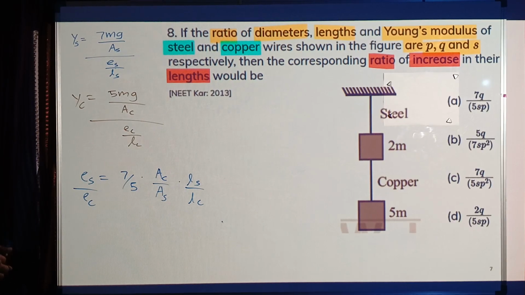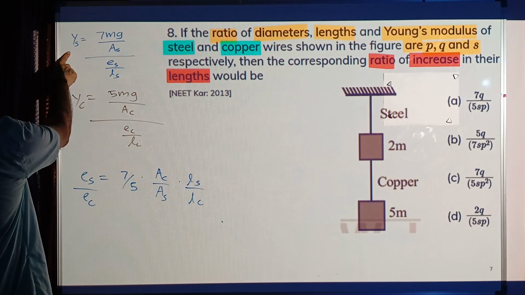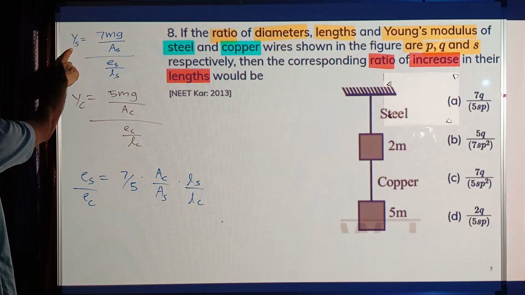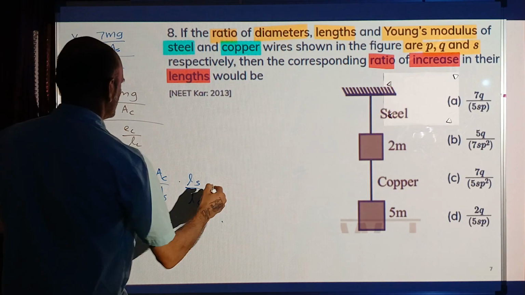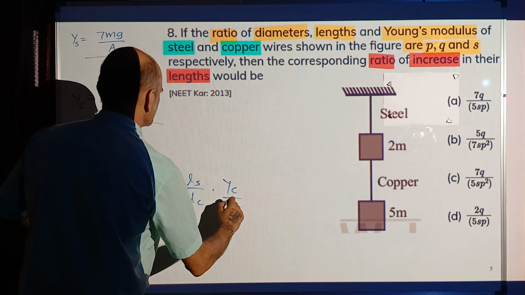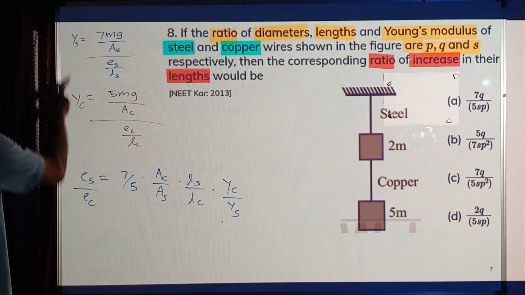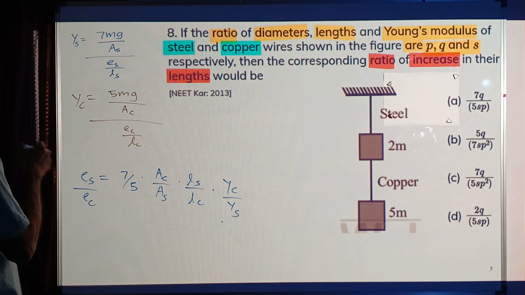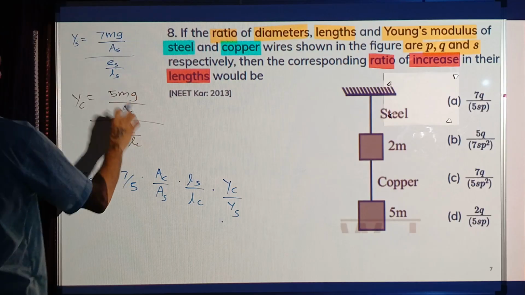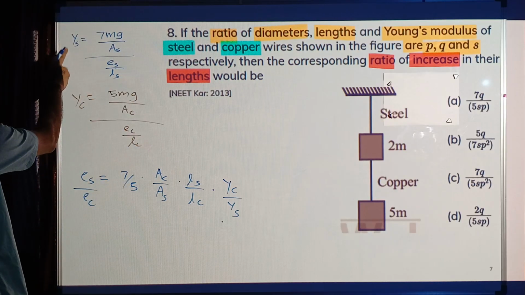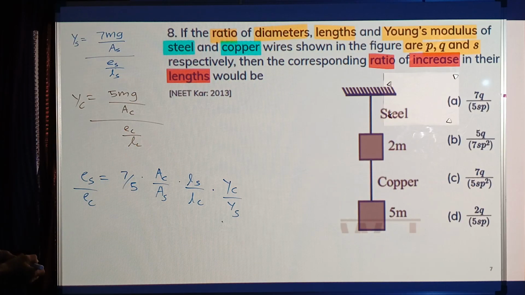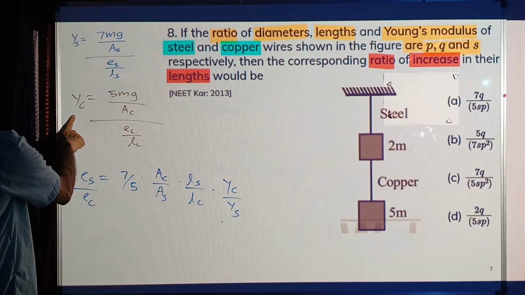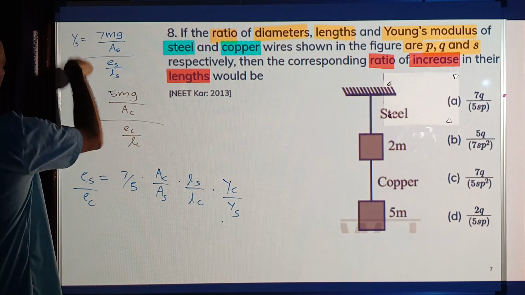Just check. ES will come here on the right side and YS will come down. So into YC by YS. YS is coming down, so it's down. So this is dividing, so it will go up. 7 by 5, this divided by this. After taking this thing on this side, bring this thing down. So take EC here and bring YC down and then divide.